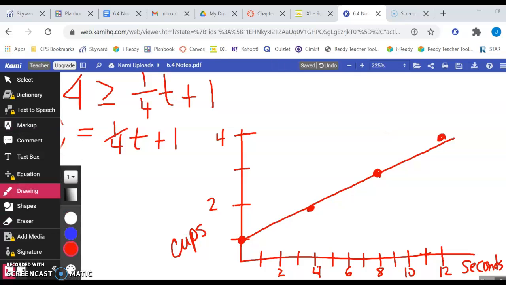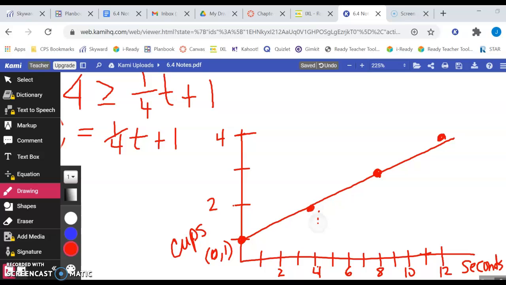Now, as far as the 4, we can't have any more than 4 cups in that pitcher. So these points on this line are the different mixtures that we could have. So for instance, our first dot is at 0, 1. So after 0 seconds, I haven't put any water in there, then I have 1 cup because I have that apple juice concentrate.